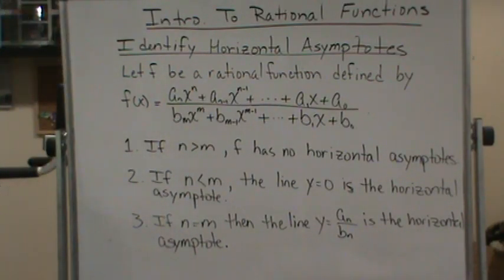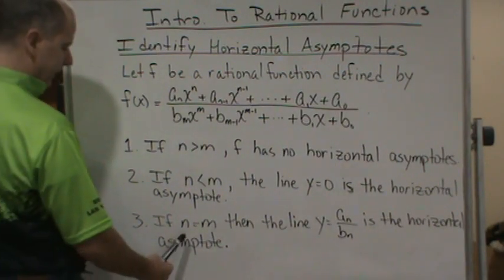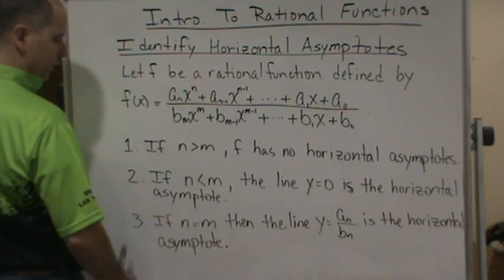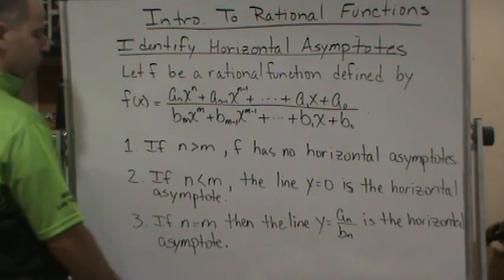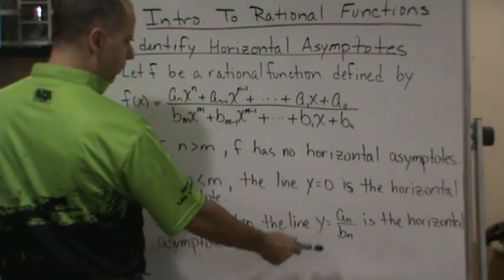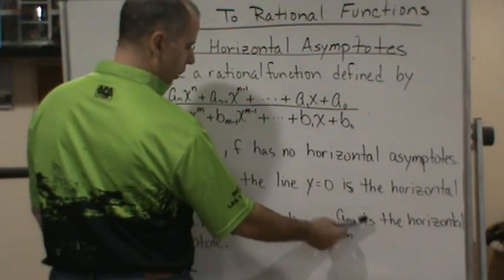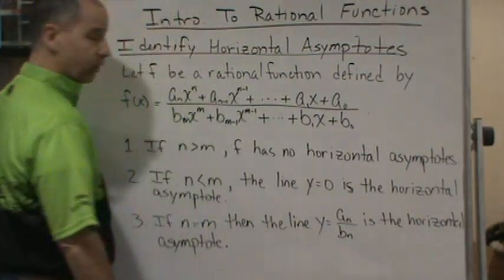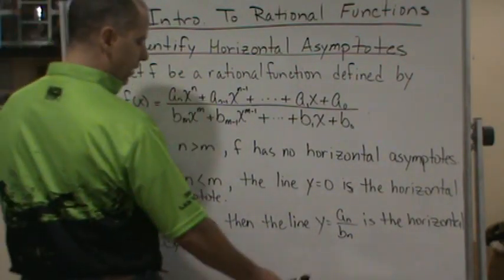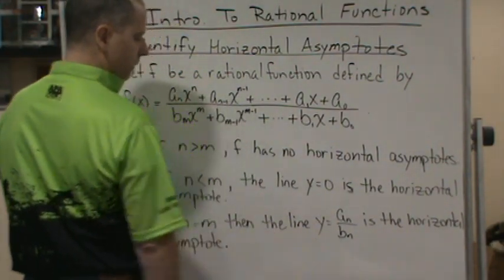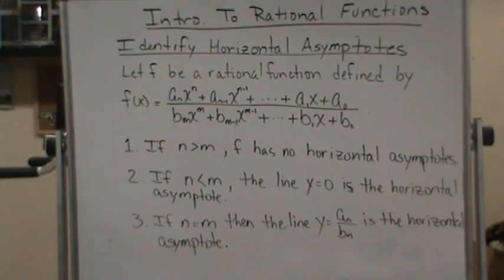Okay? And then 3 is, what about the case that the degrees are the same? Okay? If the degree of the top is equal to the degree of the bottom, then what we do is we take the ratio of the leading coefficients. And that is going to give us the line of the horizontal asymptote.